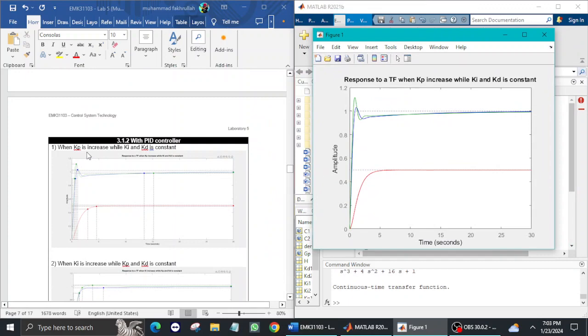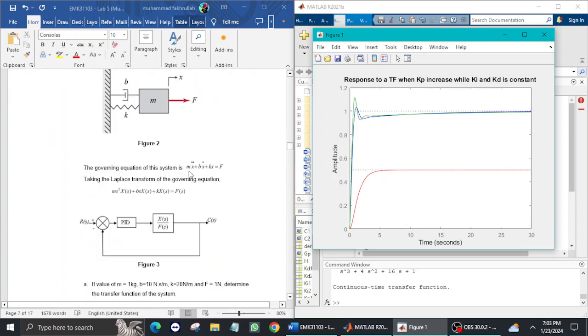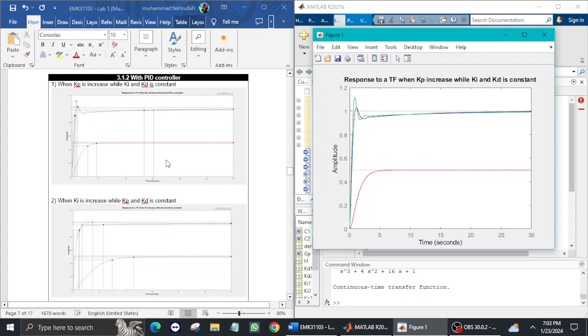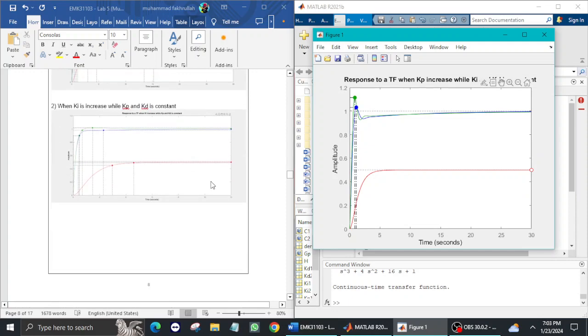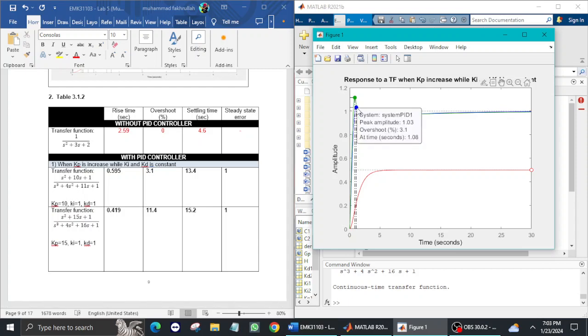Okay, this is when KP is increased while KI and KD are constant, and the characteristic peak response.